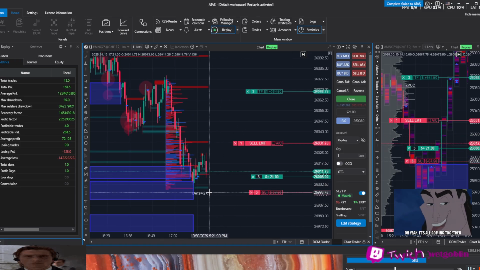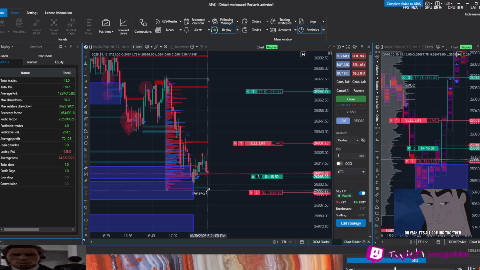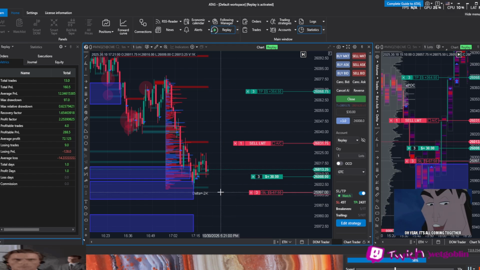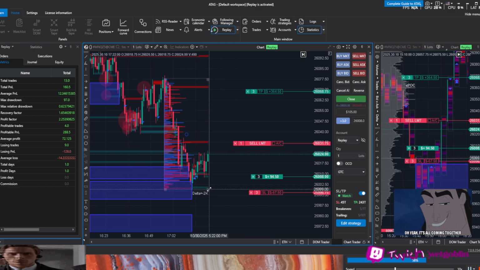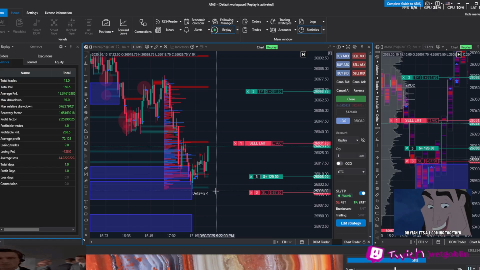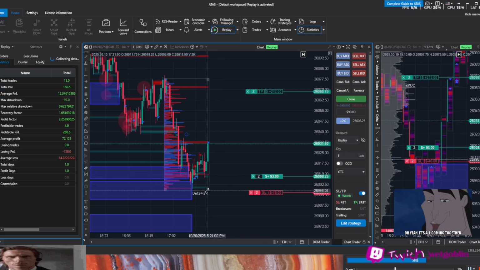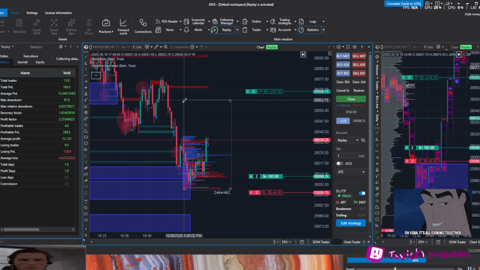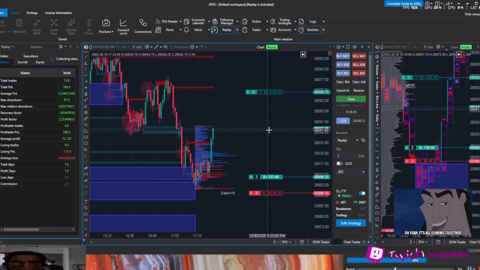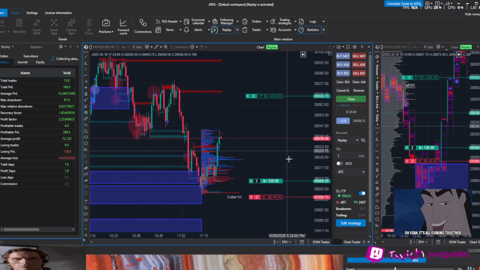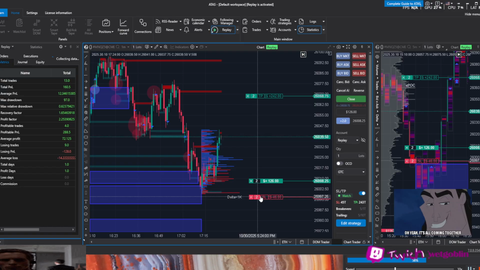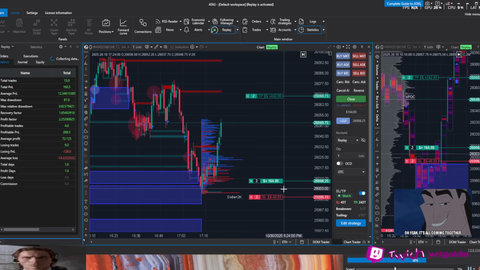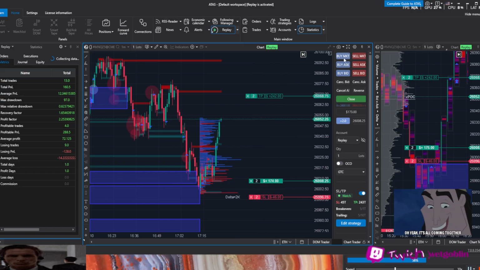Looks like more bid came in right there. And then we're going to see if we can break through that. That's really noisy. I'm going to sell one more.